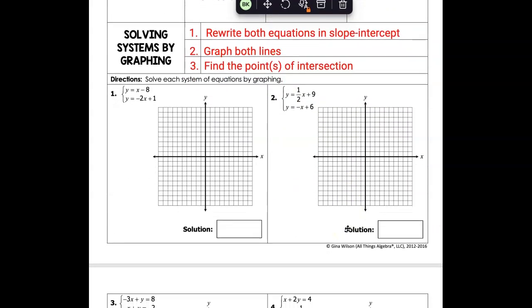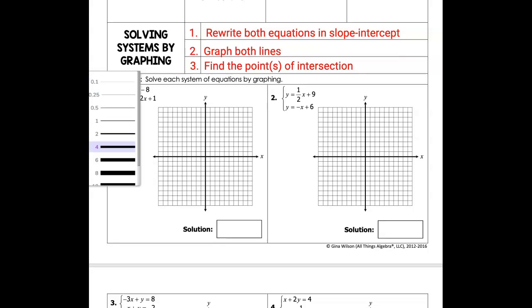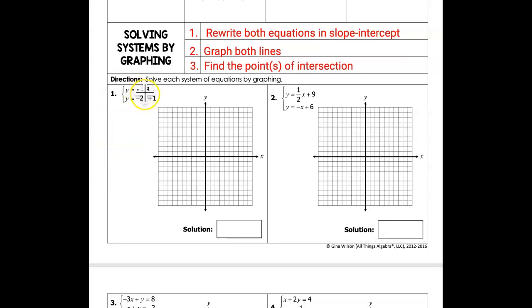So just getting into a couple examples. For these first two, both of our equations are already in slope-intercept form. For our first line here, -8 is where we're going to start. So we go down to 8: 1, 2, 3, 4, 5, 6, 7, 8.